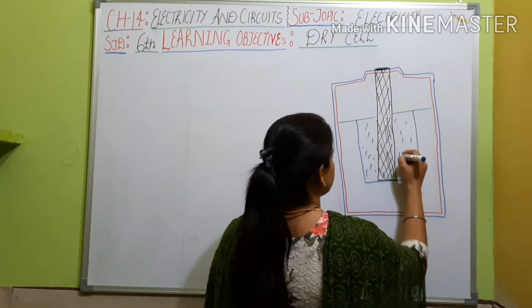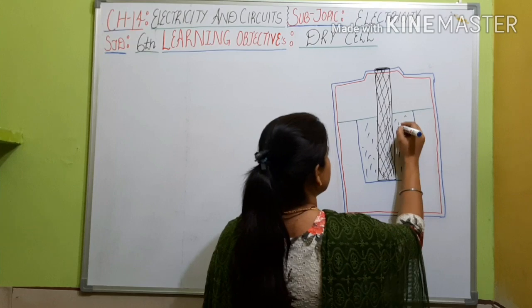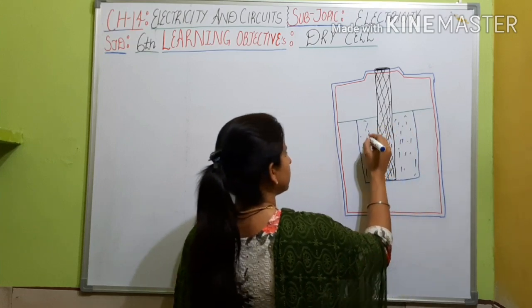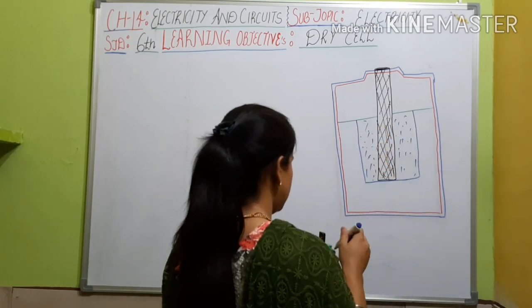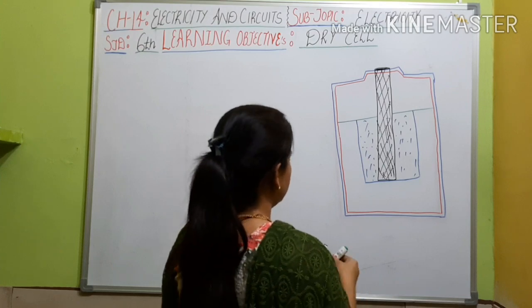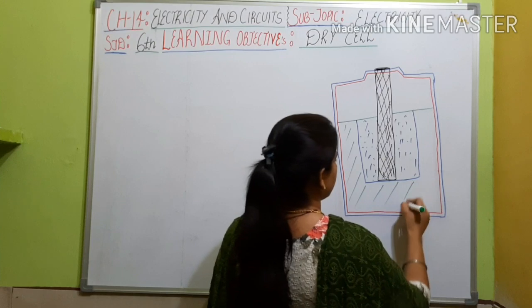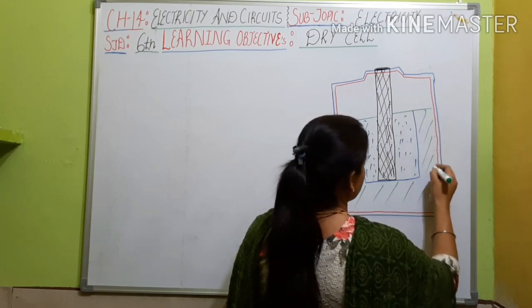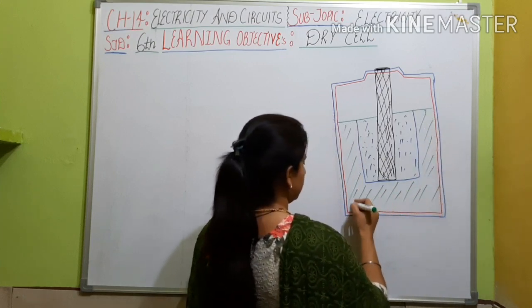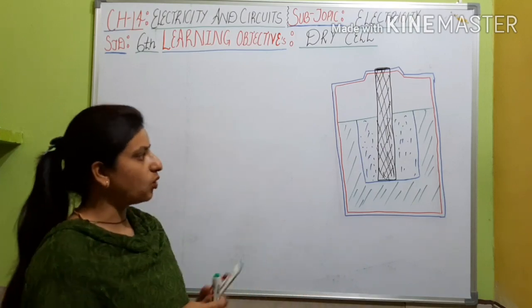One part is this, in which the manganese and carbon mixture is present, and the outside one has the electrolyte in it. Here is the electrolyte present. So this is the outline diagram.